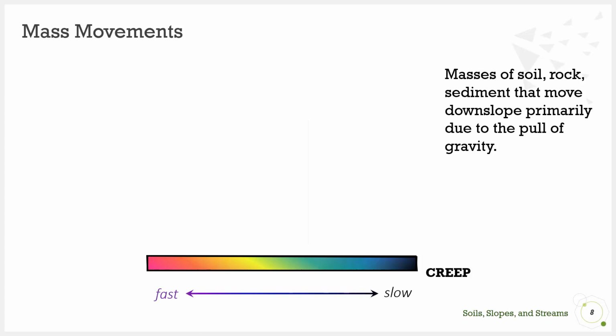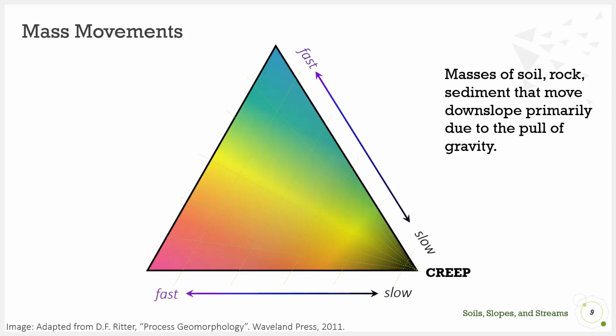Let's change our perspective of this gradient from fast to slow to include the role of water. Here we can imagine a range of processes that differ in the amount of water, which can saturate soils and fundamentally change the way material moves. As we move across this lower axis, we have processes that involve little water.